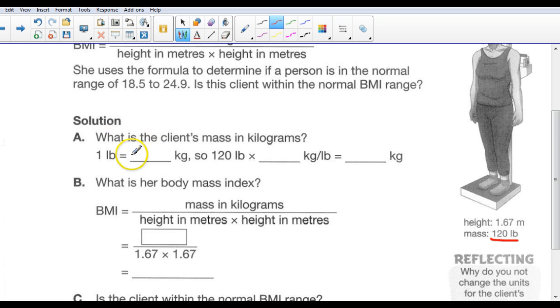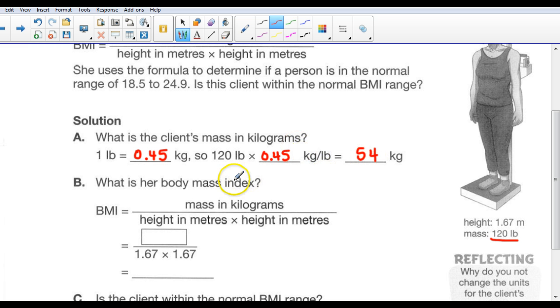So we need a conversion ratio. So 1 pound is the same as 0.45 kilograms. You can look at your conversion charts for that. So 120 pounds times 0.45 kilograms per pound gives us a mass of 54 kilograms.